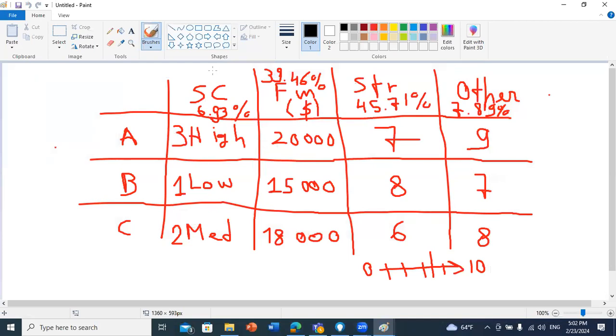What should we do now? Yeah, very good. We should normalize. Because now we have numbers in dollars, a scale from 1 to 3, and another scale from 0 to 10. So they are not comparable at all. So we should normalize again.